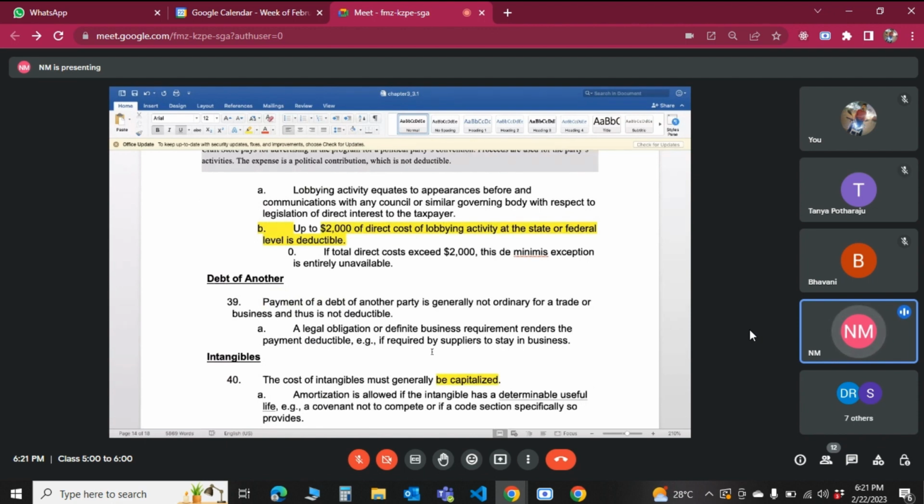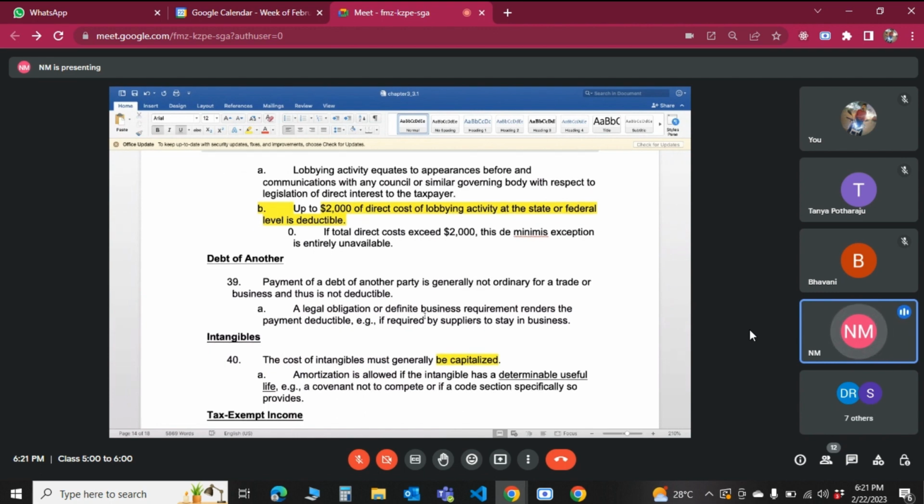But what we need to see is whether there is a business reason behind it. If paying off somebody else's debts helps your business, or there is some other business motive, and we can explain why we did it, maybe it's a deductible expense. Like maybe the supplier is filing bankruptcy, but you have placed a big order with that supplier, and if they file bankruptcy, everything would be gone.